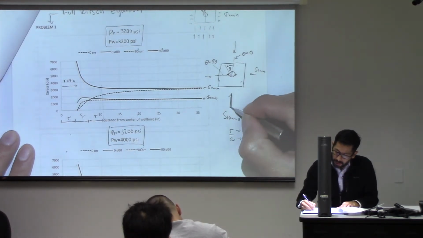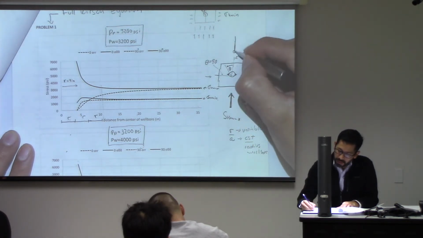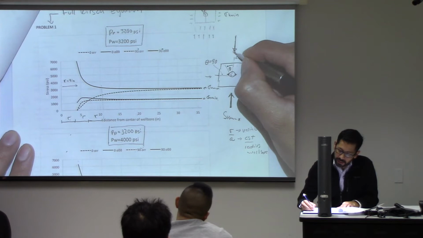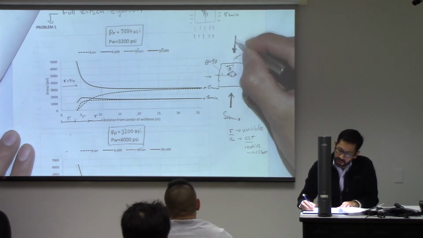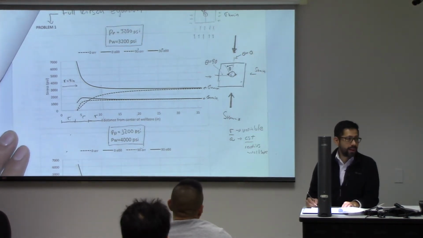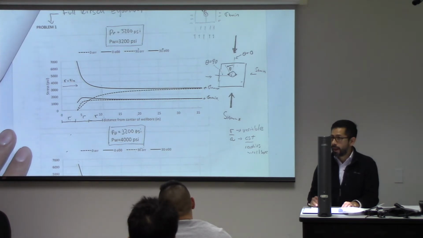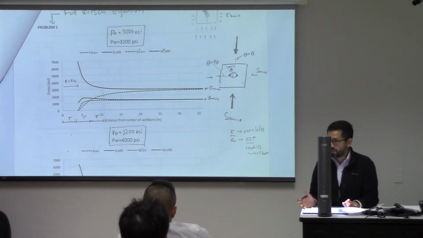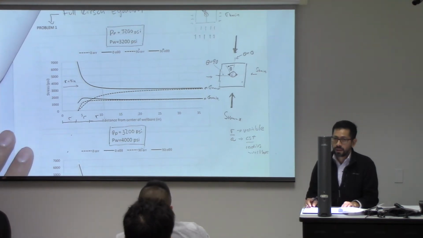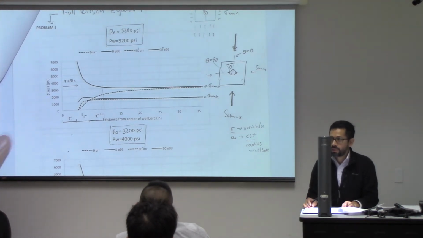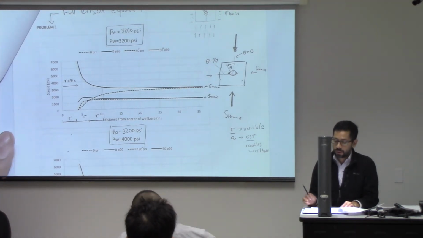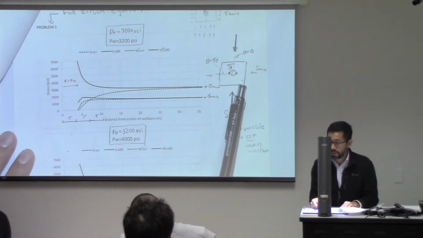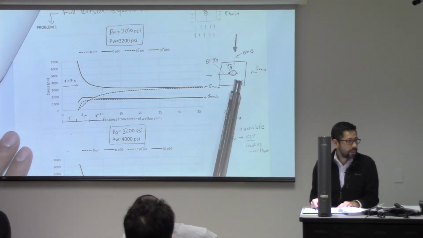If we're considering a vertical wellbore, the maximum stress we know is SH max, but in a horizontal wellbore, it might not be SH max. It might be SV, it might be SH max, it could be either of those. So you always have to look at the plane perpendicular to the wellbore direction.